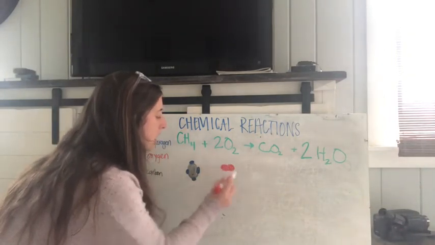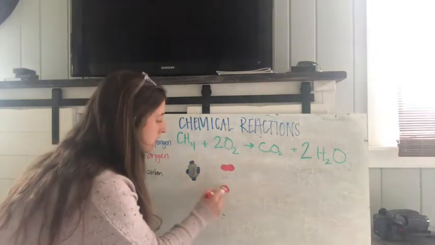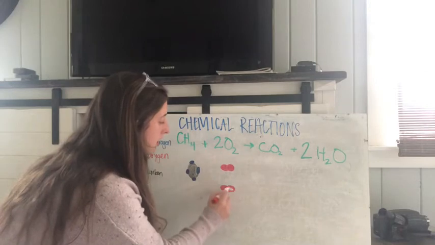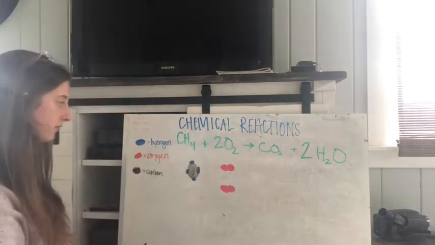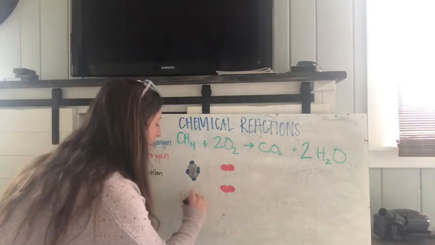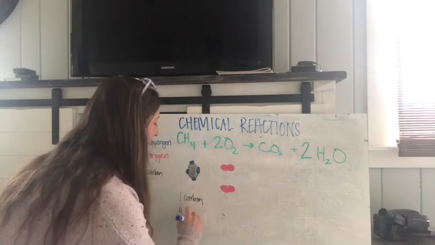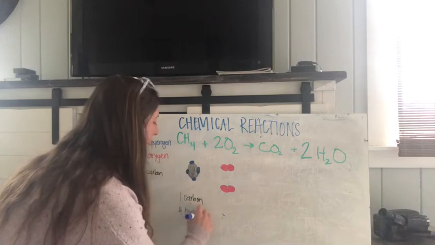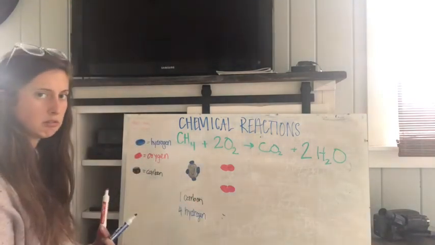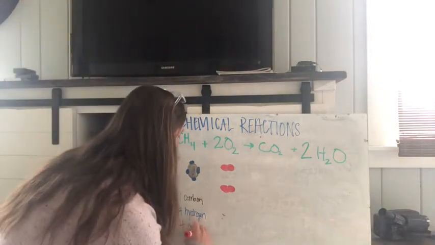There's 1, made of 2 oxygen atoms, and then there's the other. So notice here we have 1 carbon atom, 4 hydrogens, and 4 oxygen. Sorry if this is too small, you guys.